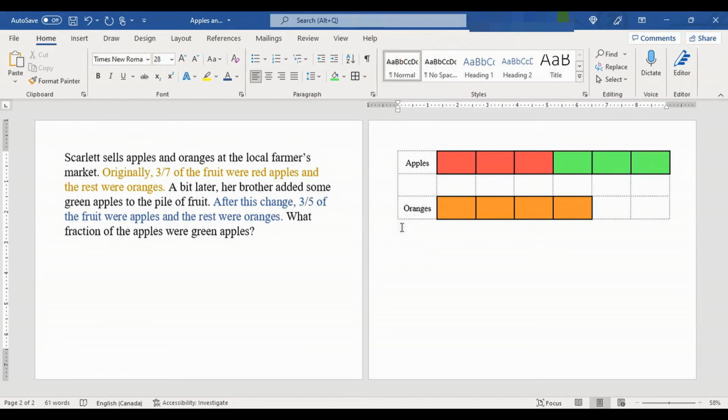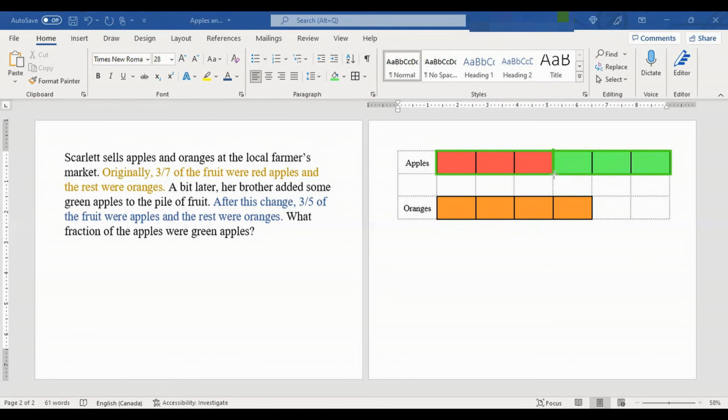Now the last bit of the question said, what fraction of the apples were green apples? So if the apples, as you can see, take up 6 cells of our table, this is our total number of apples. So what fraction of these apples are green? We can see 3 of the 6 cells are green apples, and 3 of the 6 cells are red apples.